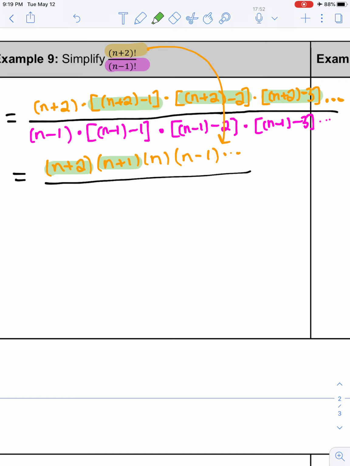Then we multiplied by the next decreased factor, which would be n plus 1 minus 1, or just n. Then next it would be n decreased by 1, or n minus 1. So all we've done is decrease each factor as we've written out the factorial. If you don't need that first step that I did, that's totally fine. I just want to give you a visual of what's happening.